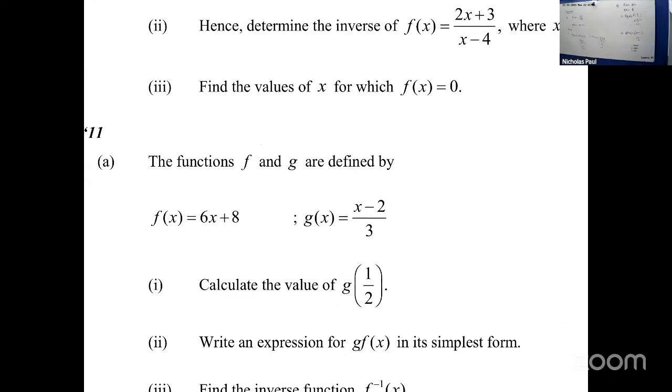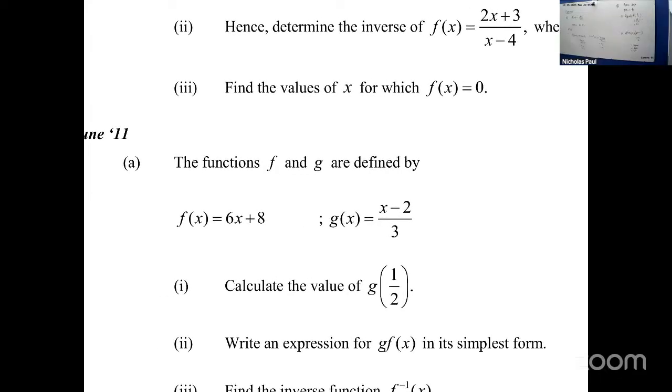Try this one here. That's June 2011. Try June 2011.